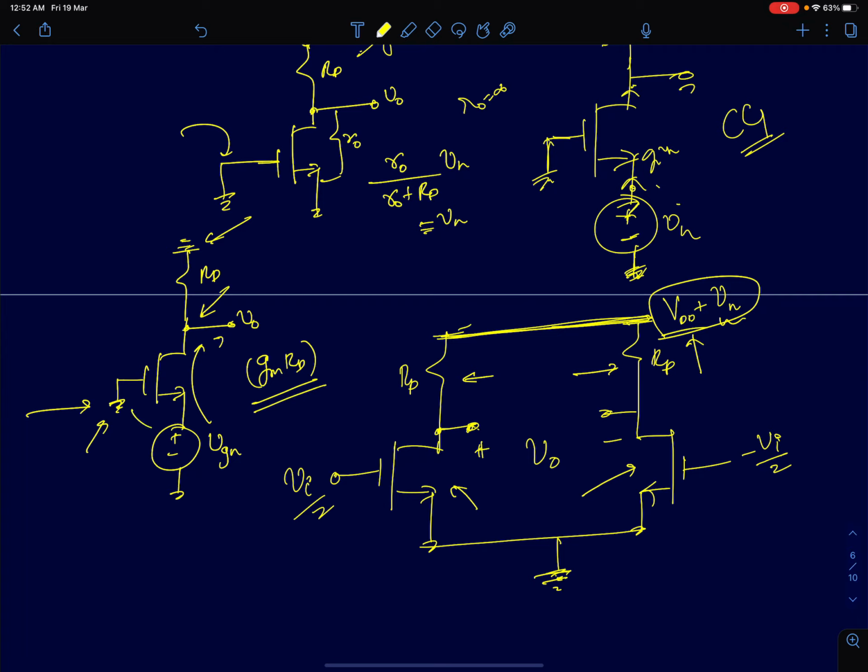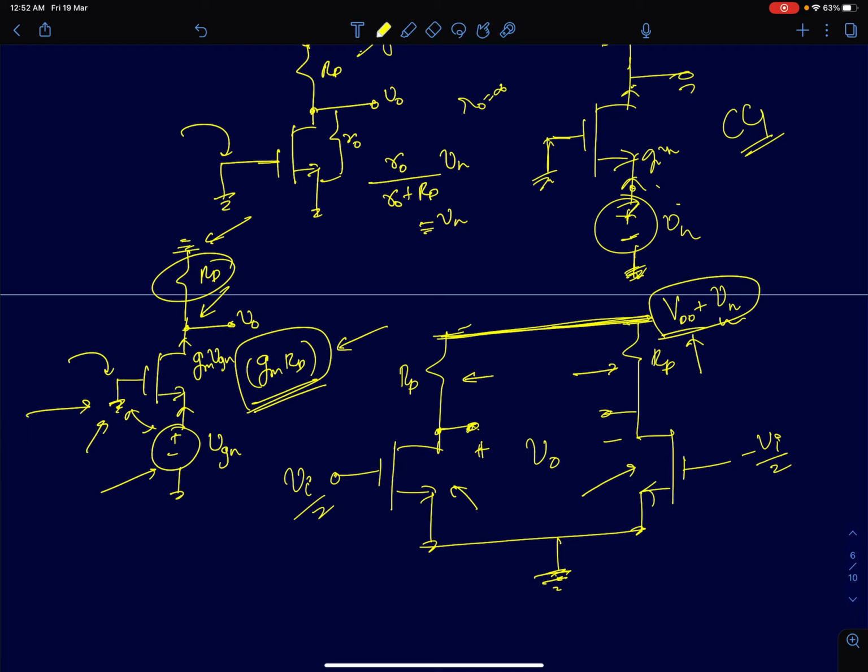So I've applied VGN, that's your gate to source voltage, and so you'll have a current Gm times VGN flowing from source to drain because your source potential is higher than the gate. That flows into the resistor RD. So you have a voltage drop of Gm RD times VGN. And the gain therefore is Gm times RD.